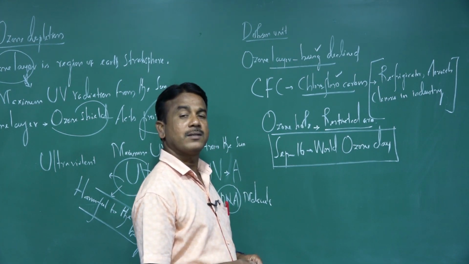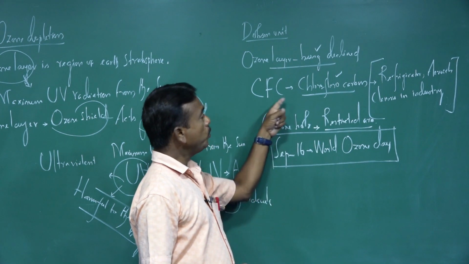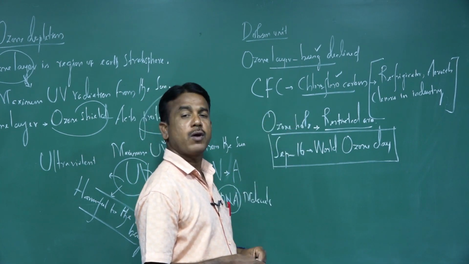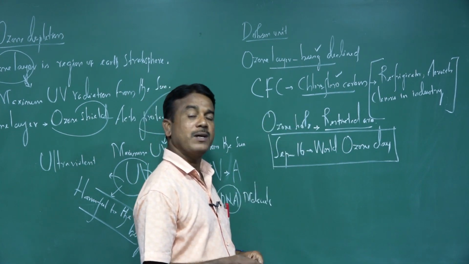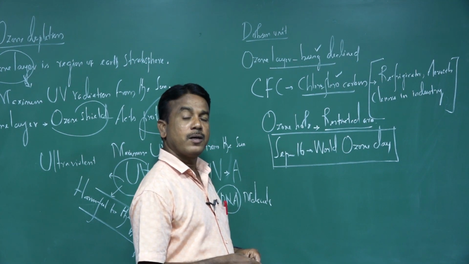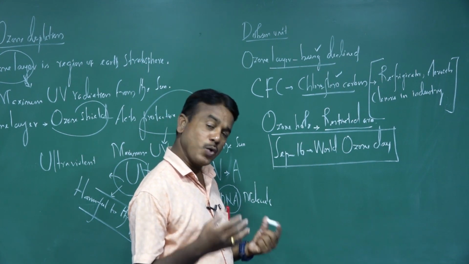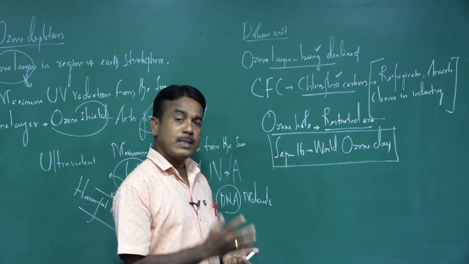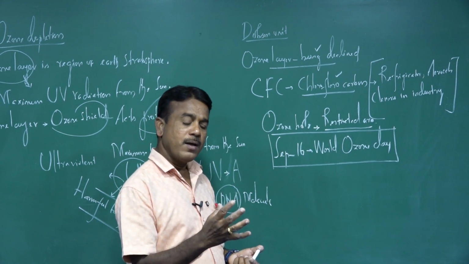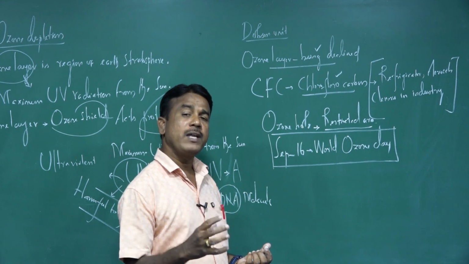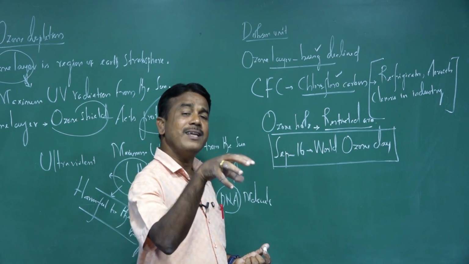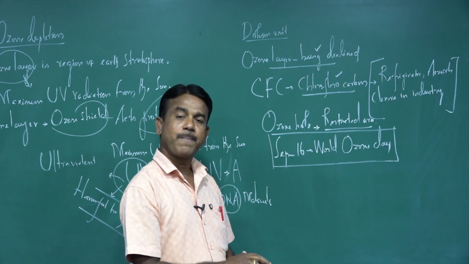In addition, due to the presence of chlorofluorocarbon in the earth's atmosphere, the ozone layer has a hole. In the presence of the hole, many kinds of UV rays easily enter the earth.